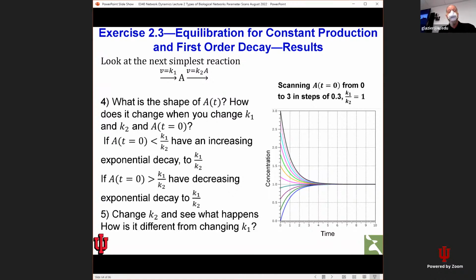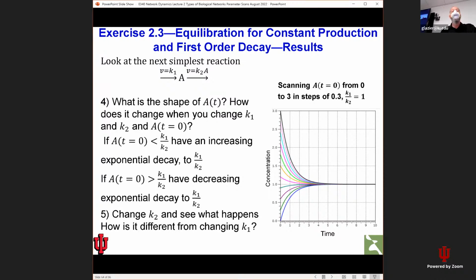But if I make K2 and K1 proportional to each other, so I double K2 and double K1, what will happen? If I have some value of K1 and K2, that gives me A star. And now I double K1 and K2, what happens to A star? Does A star change? No, A star stays the same. The steady state stays the same.